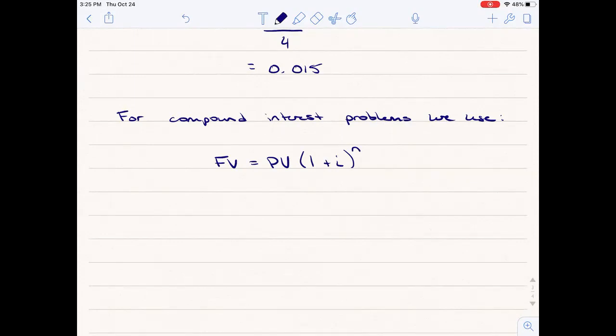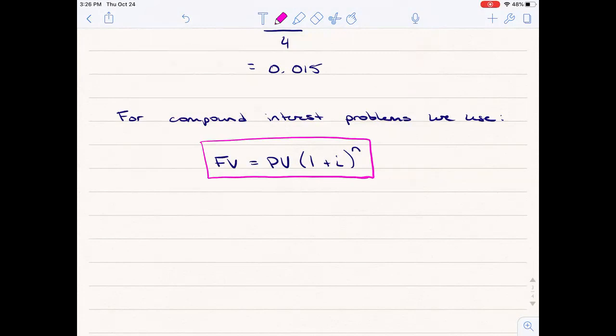If you're interested in where it came from, it is in your textbook, don't worry. But we're going to skip that part for today. But here is the meat and potatoes of this whole section. The future value is the present value times 1 plus I to the power of n. Similar to the simple interest, right? But now we've got I and n that we have to deal with.